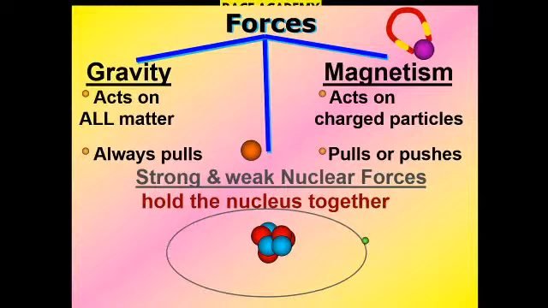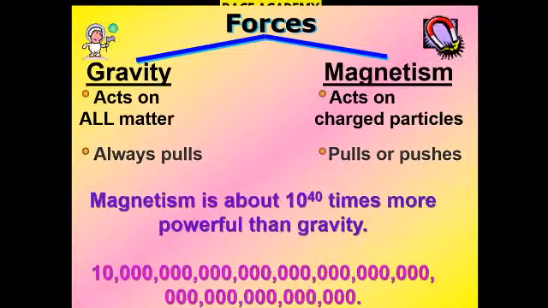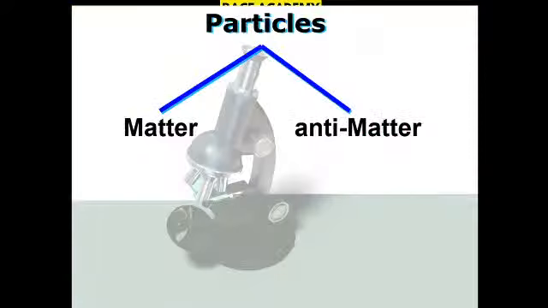Right? Next, forces. Magnetism is about 10 power 40 times more powerful than gravity. See, 10 power 40 times means how many zeros we wrote. So magnetism is 10 power 40 times more powerful than gravity. Now particles are divided into matter and antimatter.